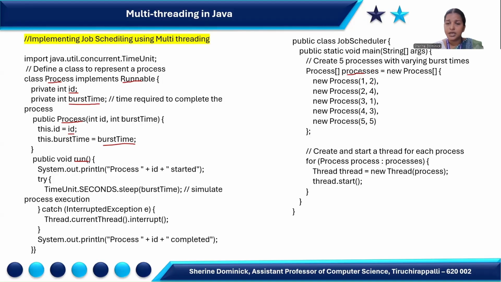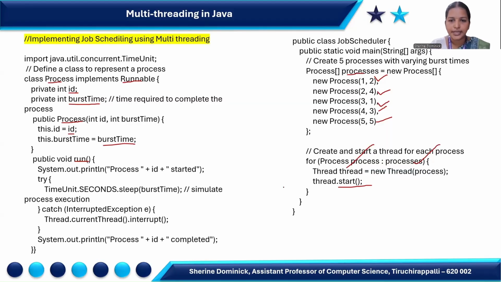Once the process reaches this burst time, it will automatically quit and the next process will get into execution. We are going to create a thread to represent each process, and finally, we are starting the threads.